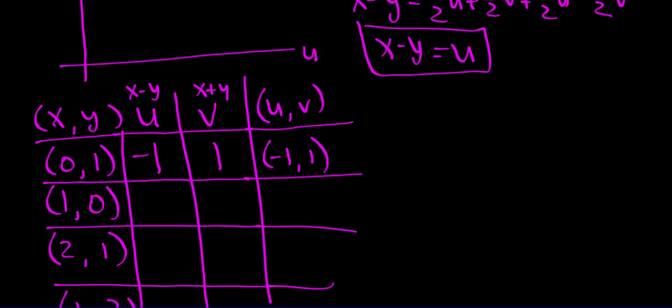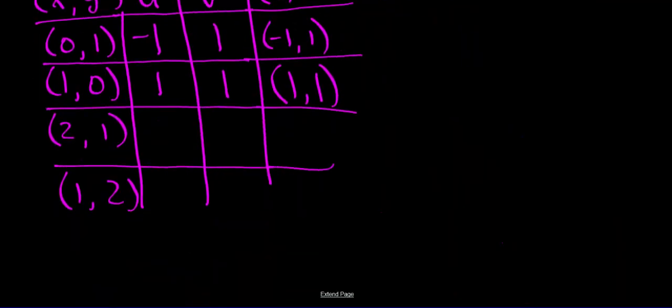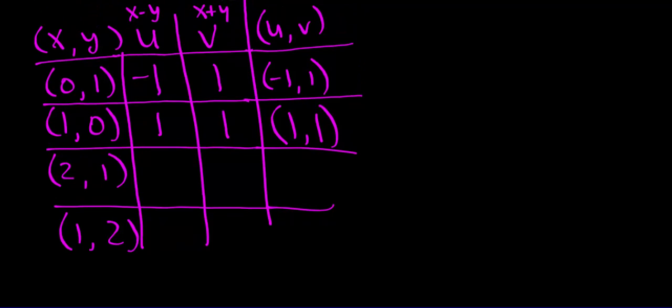Now, if x is 1 and y is 0, we've got u is 1, and v is 1. So we've got this point, 1, 1. The way I've drawn this is not going to work out too well. I should have planned ahead. I'll redraw it in a minute. Now, when x is 2 and y is 1, u is 1 and v is 3.